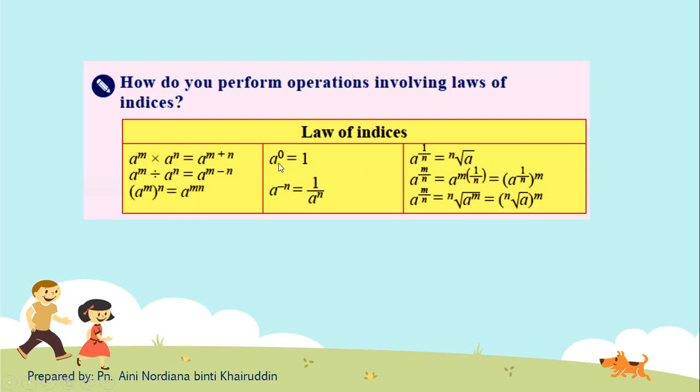Remember this, a to the power of 0 equals 1. Also, you have learned a to the power of negative n equals 1 over a to the power of n. And this is the index in a different form. All of this I have shown you in my previous videos.